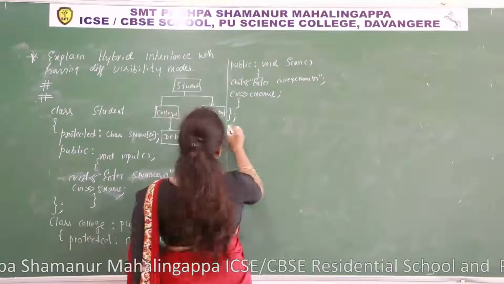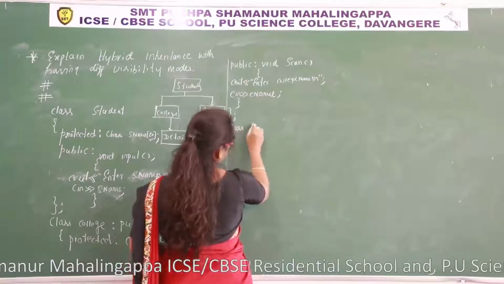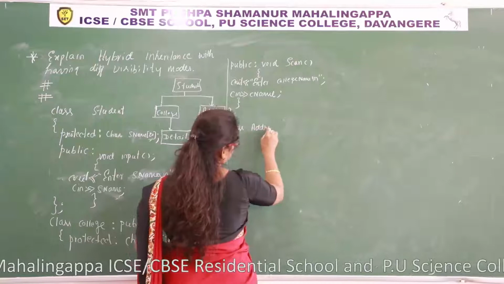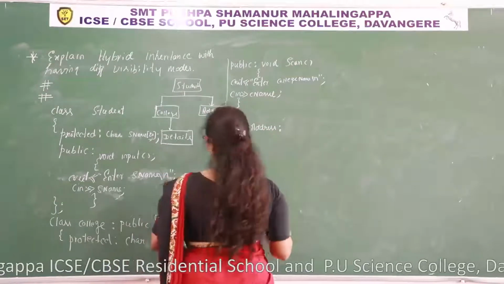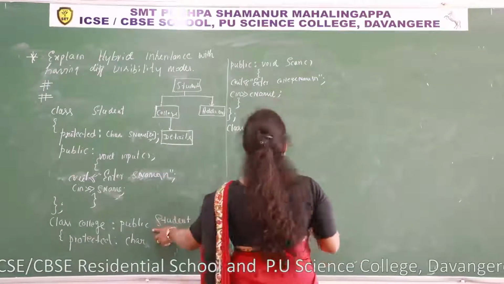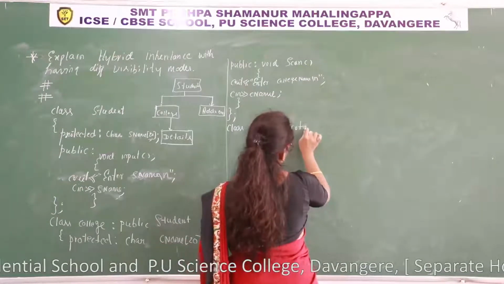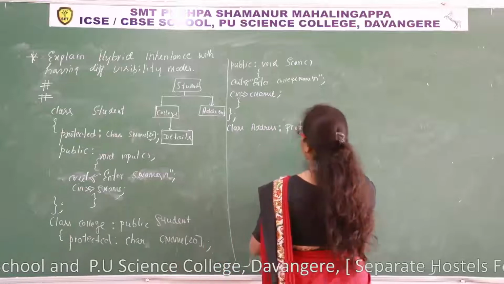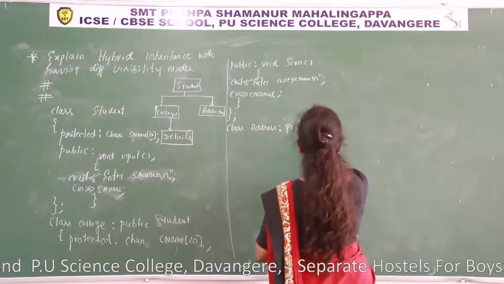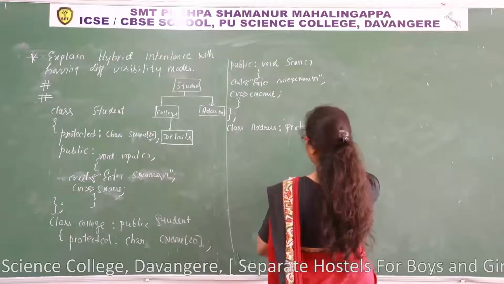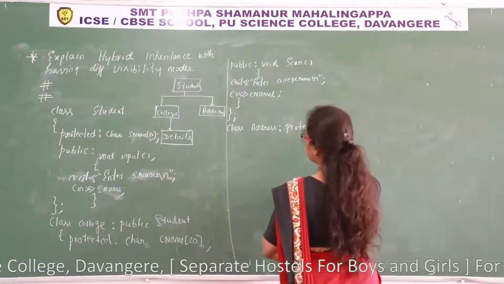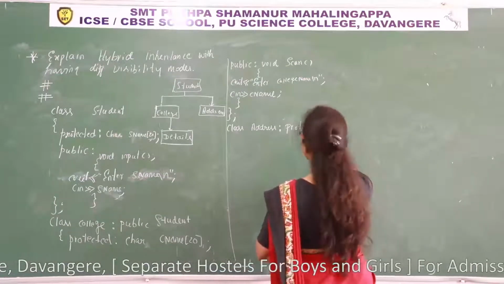Now address, class address colon. So I'll change the mode here. Here I took public mode, here I'll take protected mode. Protected. Now base class is student.